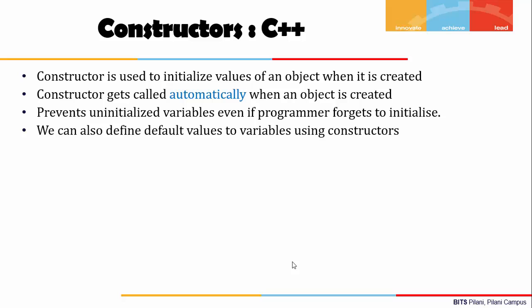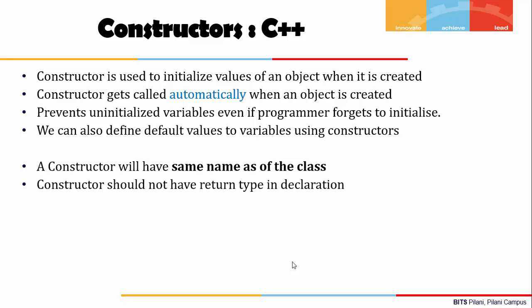Some properties of a constructor are: a constructor has the same name as the class. A constructor has no return value. That is, it is also not declared void. In fact, a constructor has no declared type.